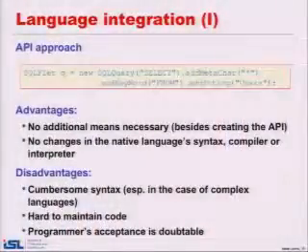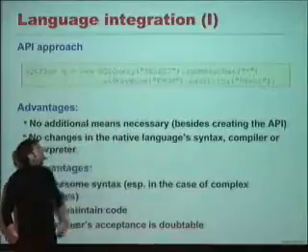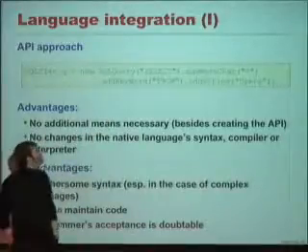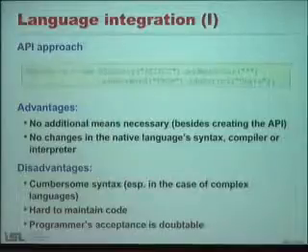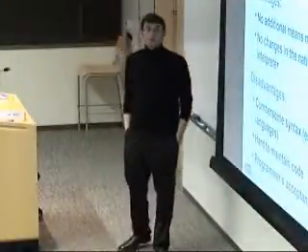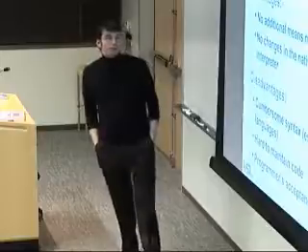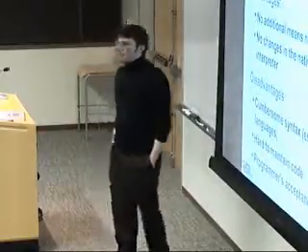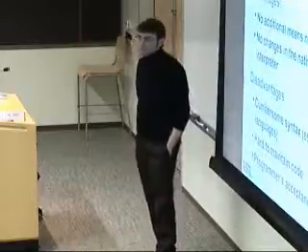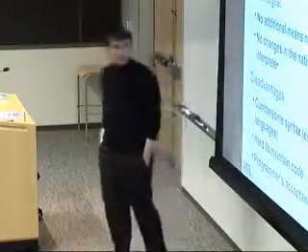So the API approach encapsulates the foreign code within API calls to, in this case, the fleet type, and the API calls then say to the fleet type, okay, take this token, take this token, take this token. This is closely related to things like the XML DOM API, or something comparable has been proposed for SQL.